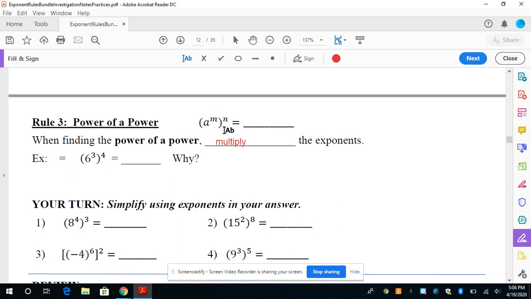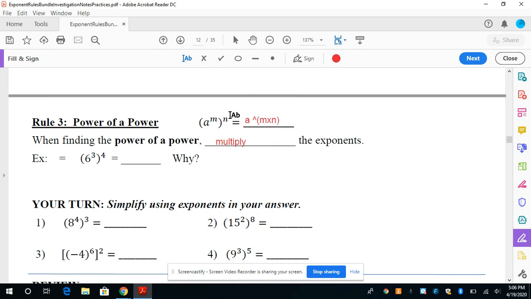You're taking that a to the mth, and you're putting a power of n on that value. So you're raising it to another exponent. What you do with those two exponents is multiply them together. So this would be a to the power of m times n.